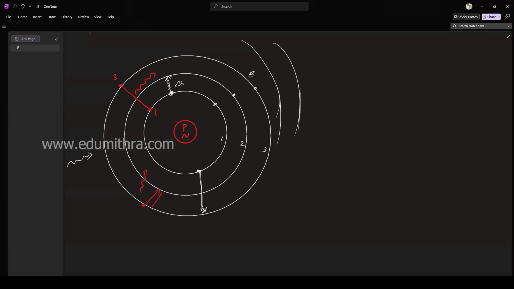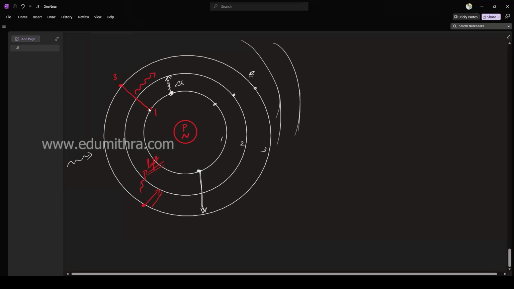So when an electron is jumping from a higher energy to a lower energy, it will emit energy, and that will come as colored lines. Those colored lines are called emission lines because they are emitted light. It happens because of the emission of light.